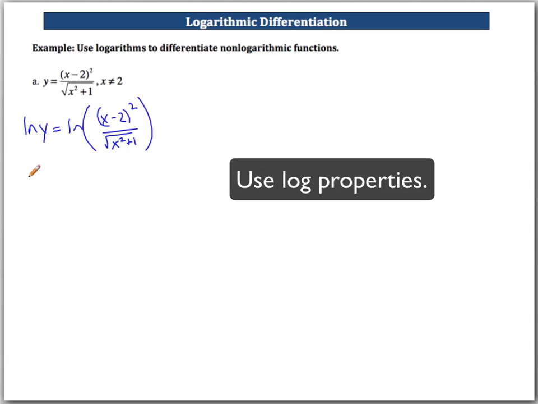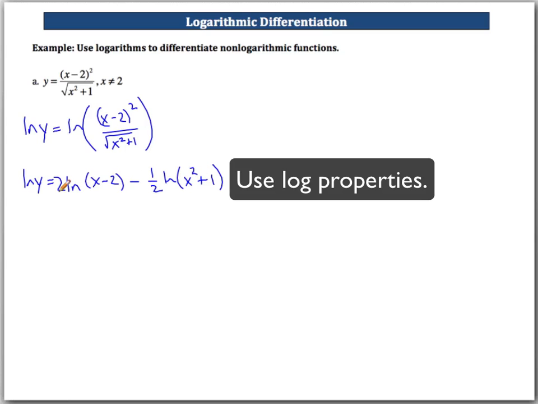So on the left side of the equation, we still have the natural log of y. And this is going to be the natural log of, well, the 2 is actually going to come out in front. And it'll be of x minus 2. And then it's divided by, so it's going to be minus, and here's a 1/2, so 1/2 natural log of x squared plus 1. Okay, so we used our log properties to expand the log function.